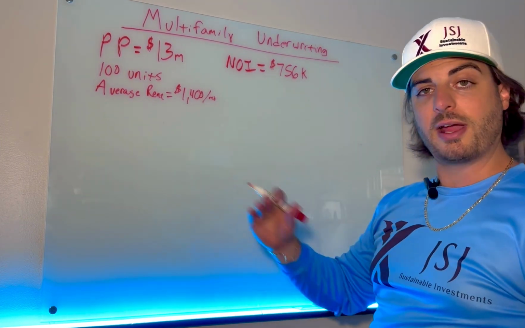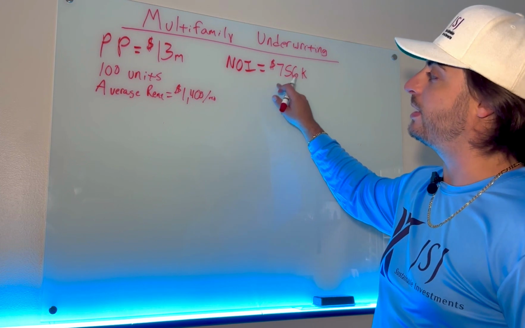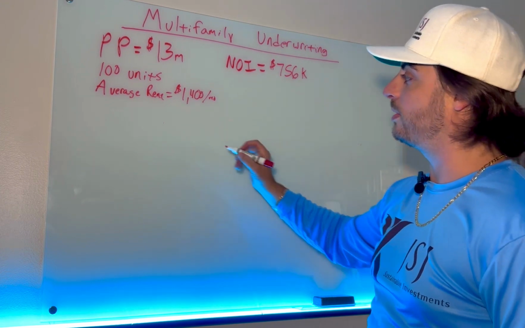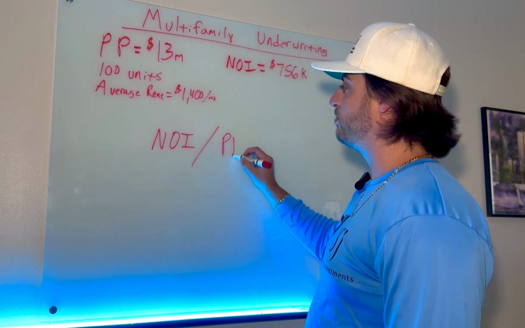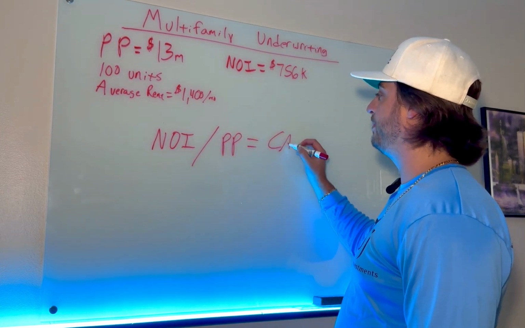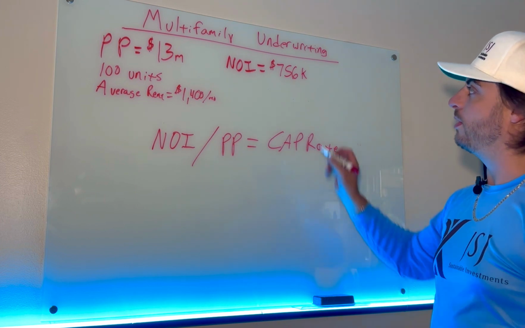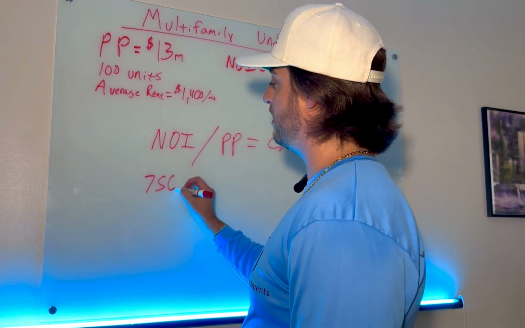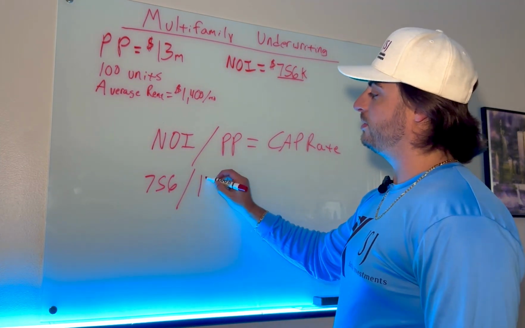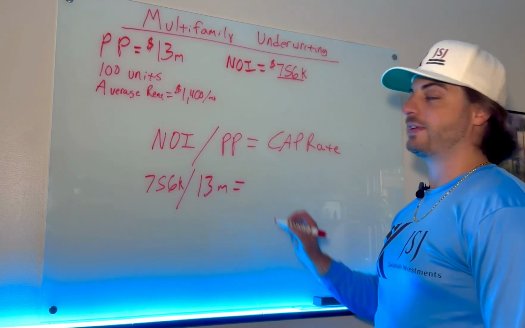Okay, so the red one's a sticky marker. If you remember the triangle earlier, how are we going to get the cap rate? What we're going to do is take the NOI and divide it by the purchase price to get our cap rate. So we now have our NOI of 756. We'll take 756 divided by 13 million, and that will give us a cap rate.